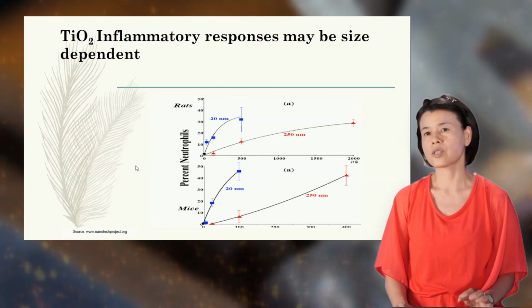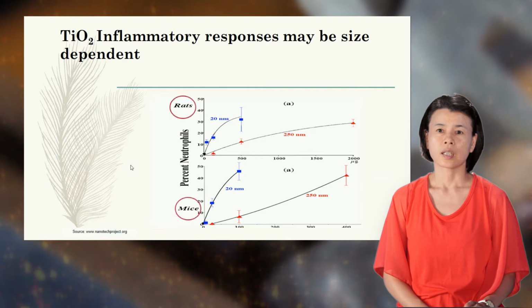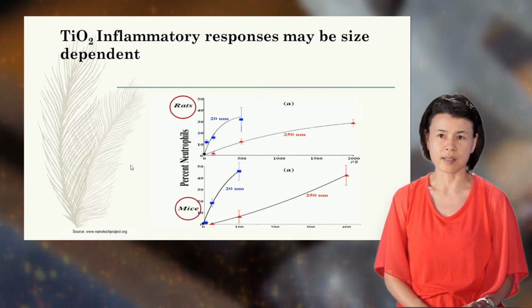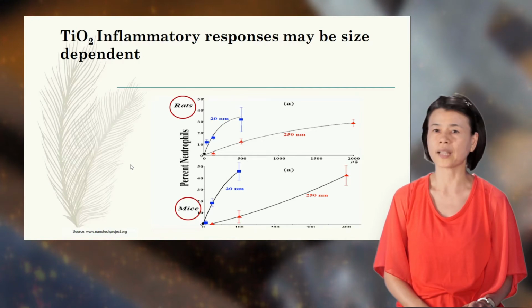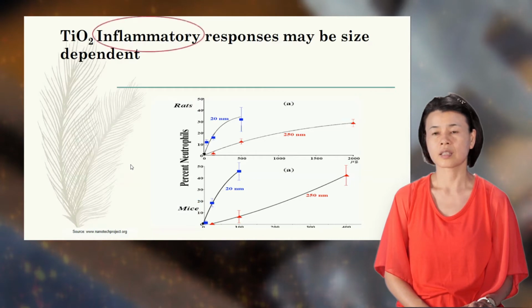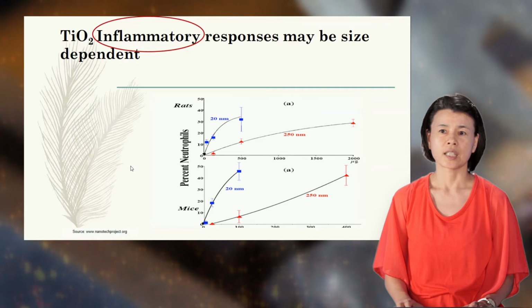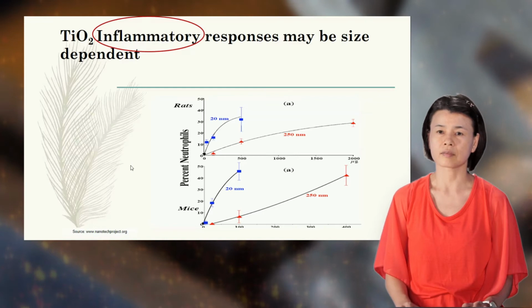Here is another research result of titanium dioxide. It studied both rats and mice with the same conclusion that the inflammatory responses of titanium dioxide may be size-dependent. Inflammatory is a medical term. It means causing or related to swelling and pain in the body.